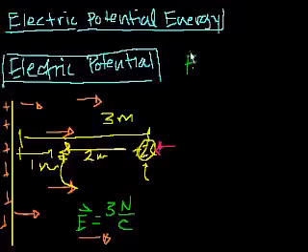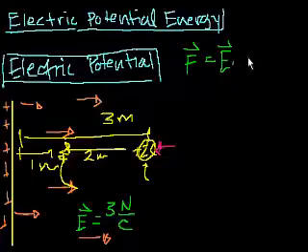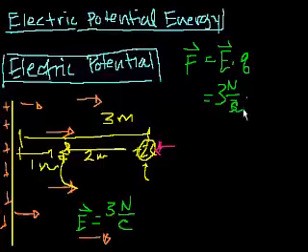Well, the electrostatic force on this particle is equal to the electric field times the charge, which is 3 newtons per coulomb times 2 coulombs, and it equals 6 newtons.